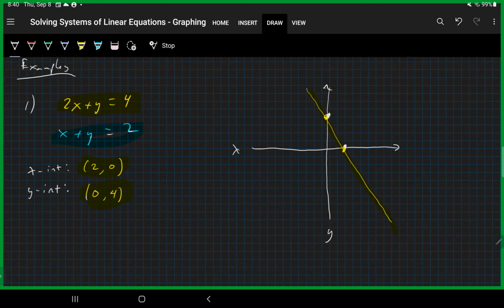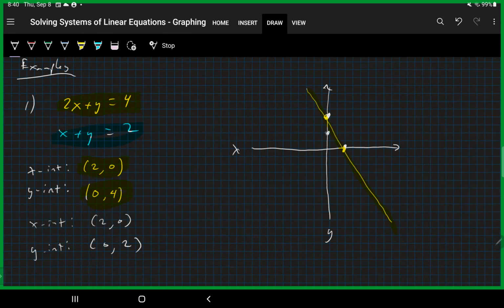If I'm looking at the blue line, and if I plug in 0 for y, I get x is 2, so (2, 0). Hey, I think we found our solution. And similarly, (0, 2).